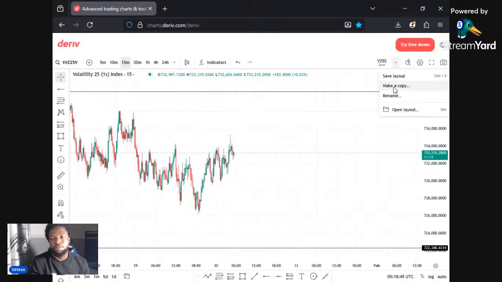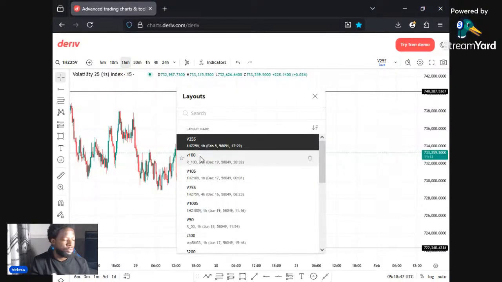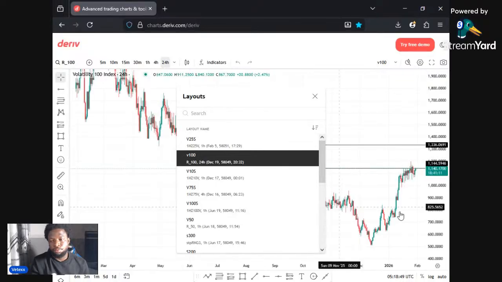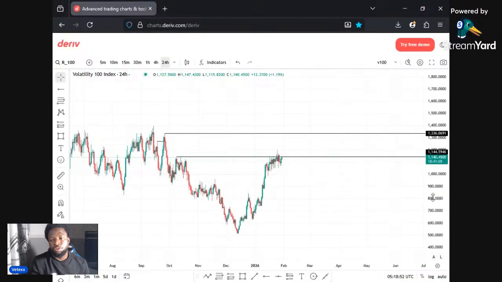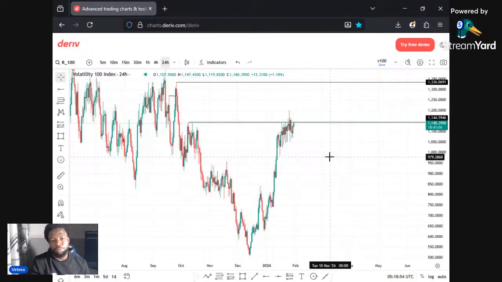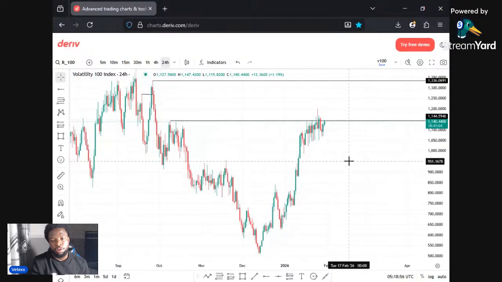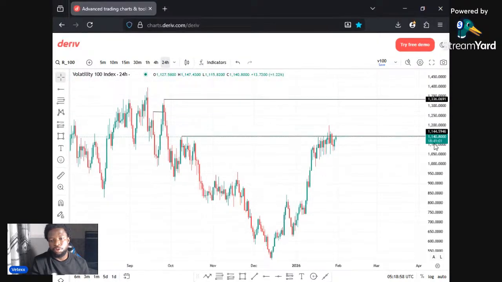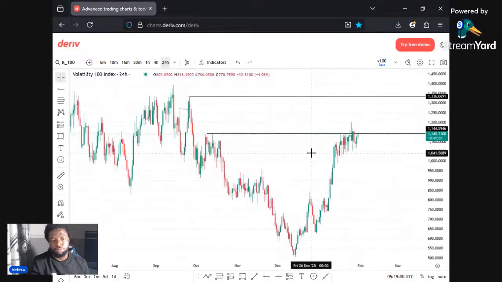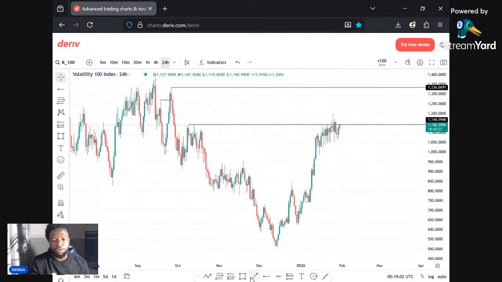So let's check the next pair, which is V100. V100 is bearish on the weekly, bearish on the 24-hour. So we have price tapping into our 24-hour zone already. I've already marked this down for a very long time.